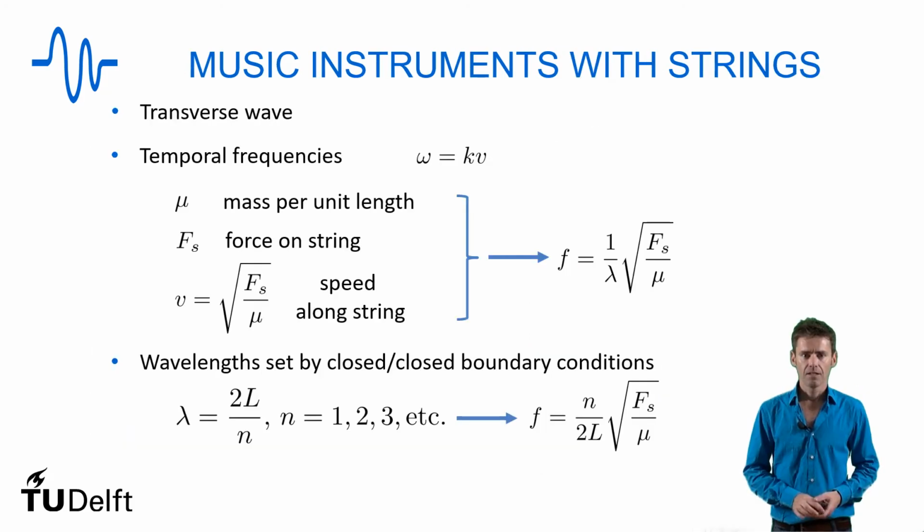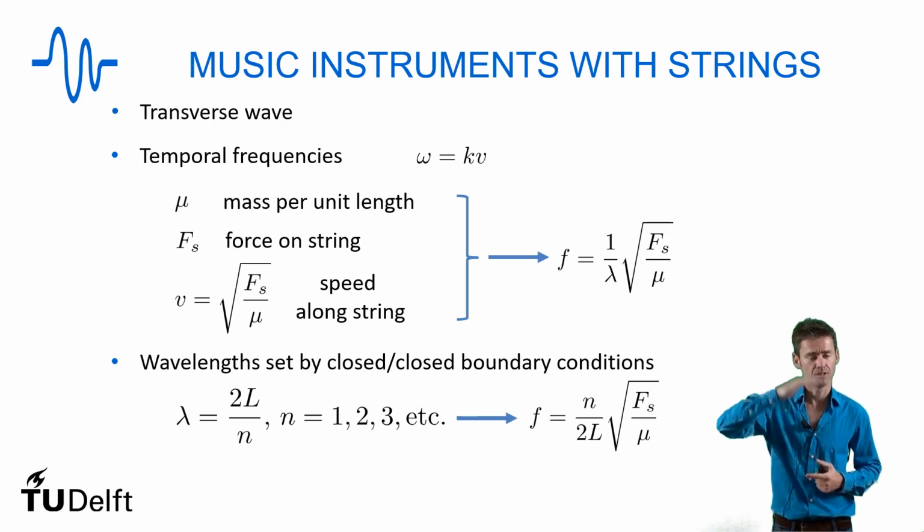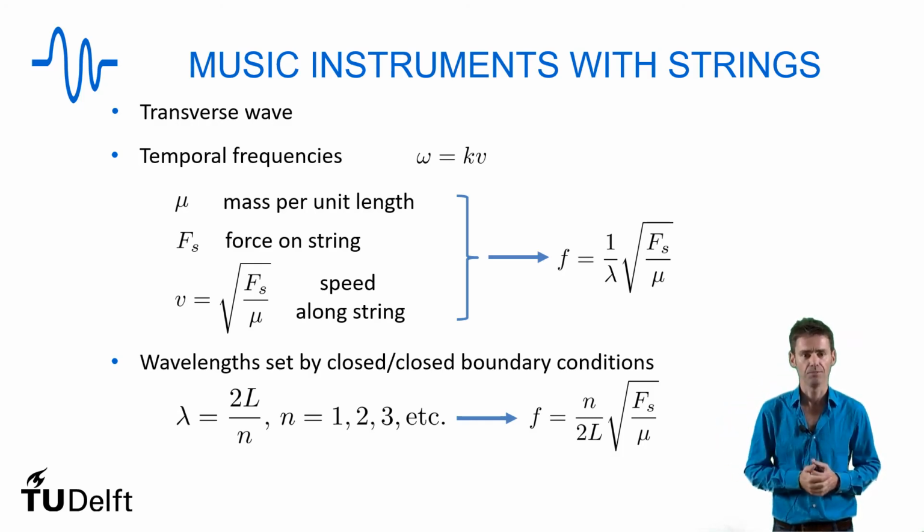Okay, now let's have a look at musical instruments with strings. In this case, our displacement that we calculated, U, is essentially the displacement of the string with respect to its equilibrium position. So the wave along a string is a transverse wave, where the oscillation is perpendicular to its propagation direction.